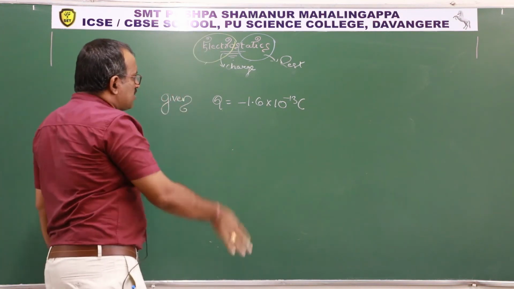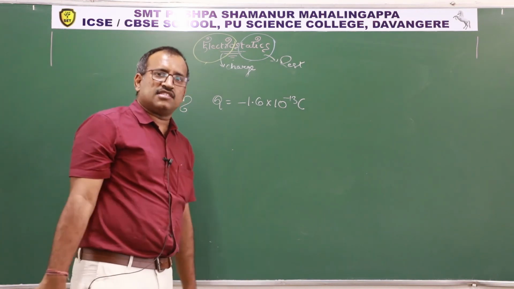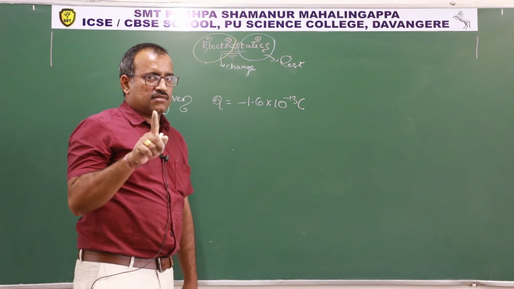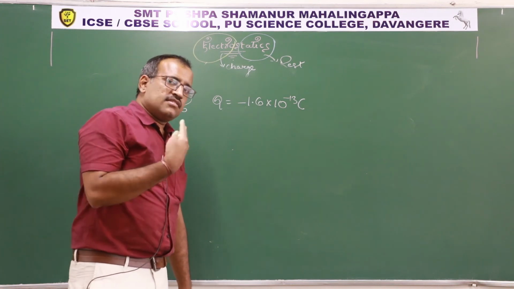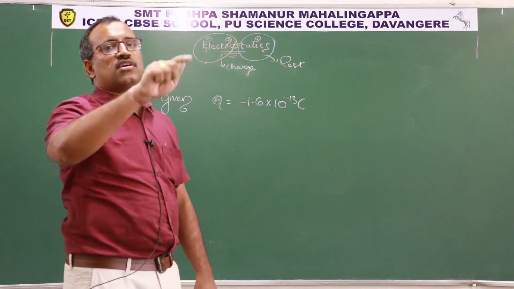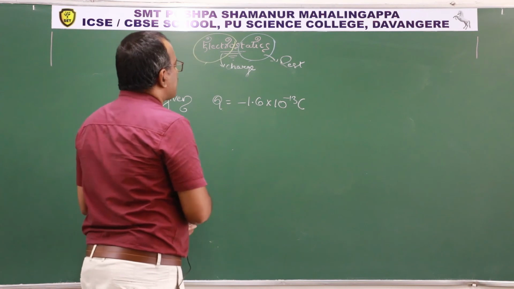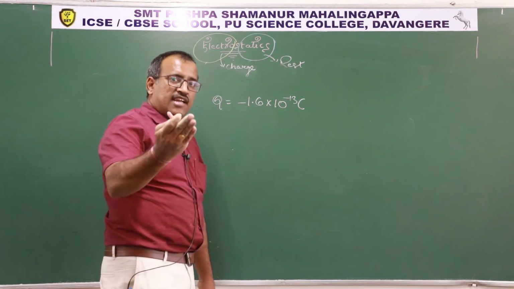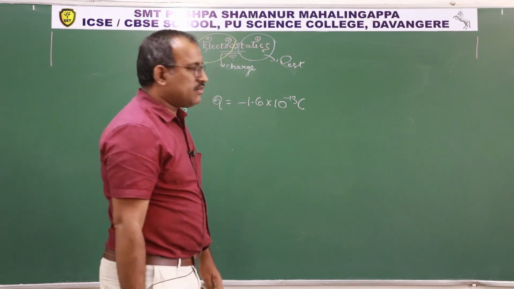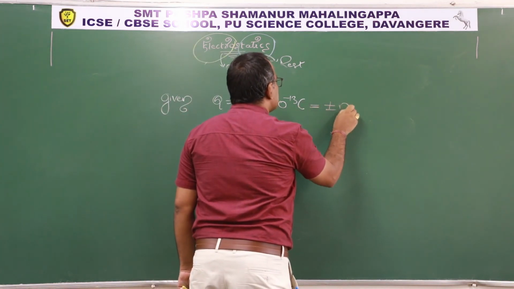First of all, students will think, how can I? They already got the charge. No, they are assuming this charge and asking you whether it exists or not. Cross check it. How? In your golden hand, you have a brand rule, the law of quantization: Q equals plus or minus ne.